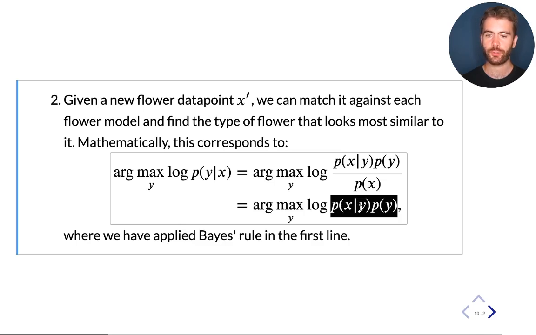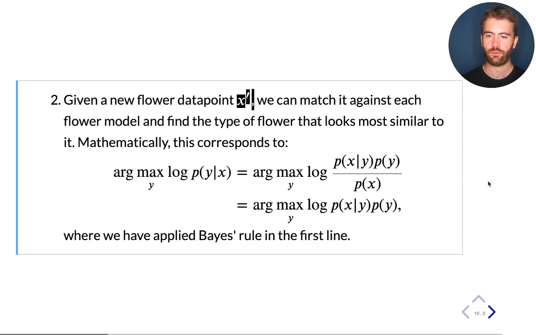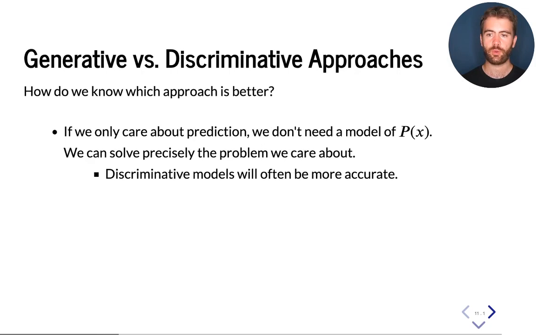In other words, we're going to compute the probability of this data point under each of our flower classes, and we're going to output the class that gives us the highest probability of seeing this point. So this is the general approach to generative modeling in the context of classification, and it's just a general philosophy for how to approach these problems.